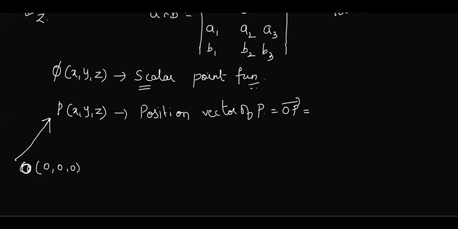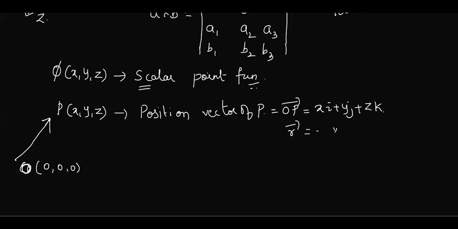I, J, K. So for the position vector of P, that is OP, I can write it as Xi plus Yj plus Zk, or denote it as some vector R bar. So R bar is Xi plus Yj plus Zk.